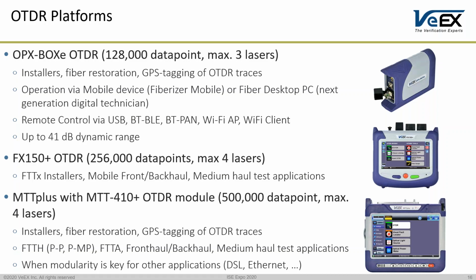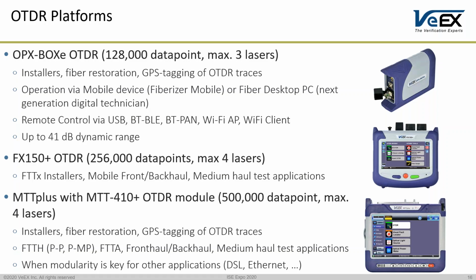So what you see in the next two there is our more popular OTDR units. We have the FX150 Plus, and then the one at the bottom there is the MTT 410 Plus. The main difference is one is fixed, which is the FX150 there in the middle, and the bottom one is modular.